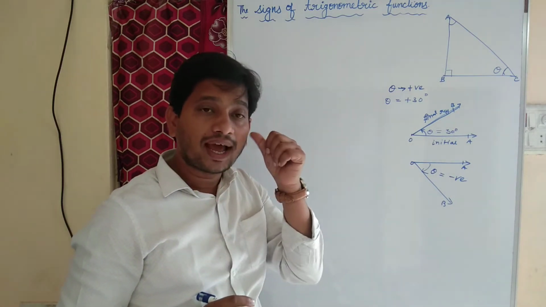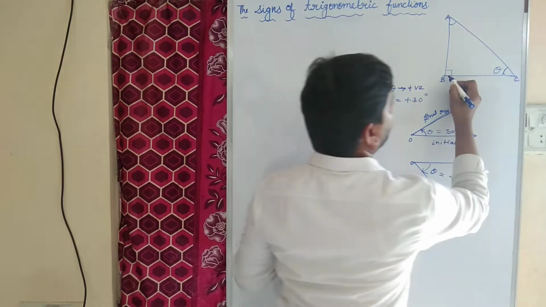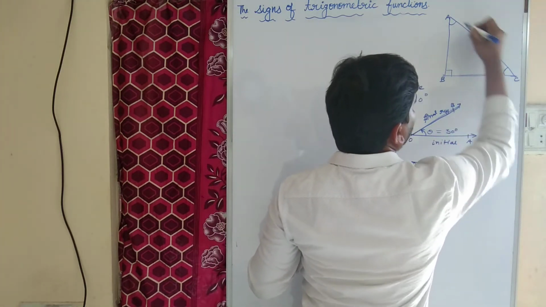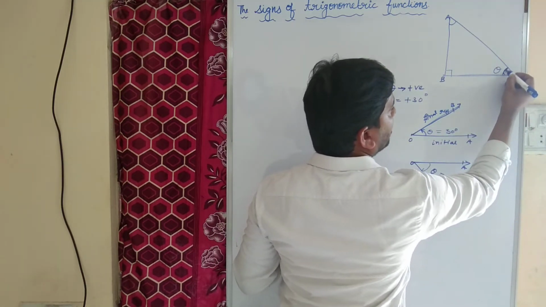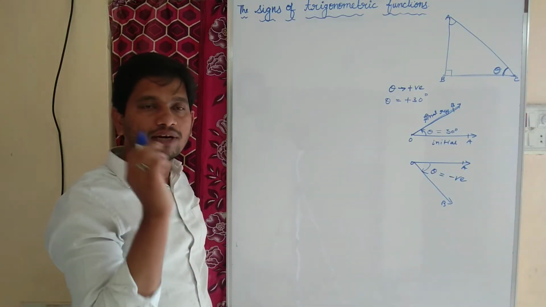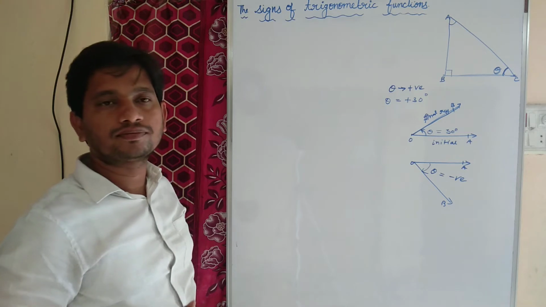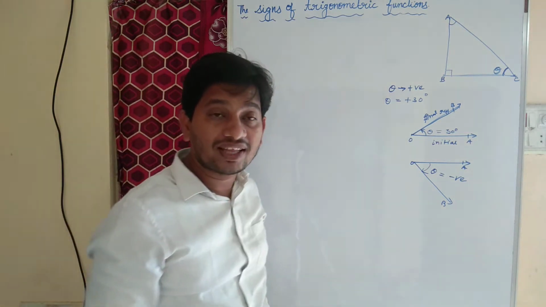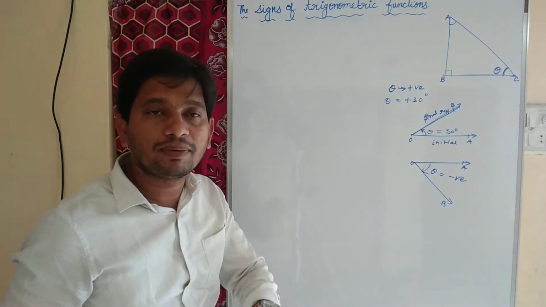So what is an angle? See here, CB is one ray, CA is one ray, and the two rays are meeting at one point to make an angle. When two rays meet at one point, we get an angle. So when is the angle positive, and when will it be negative?